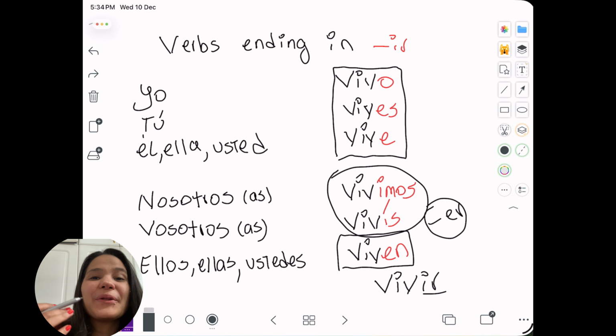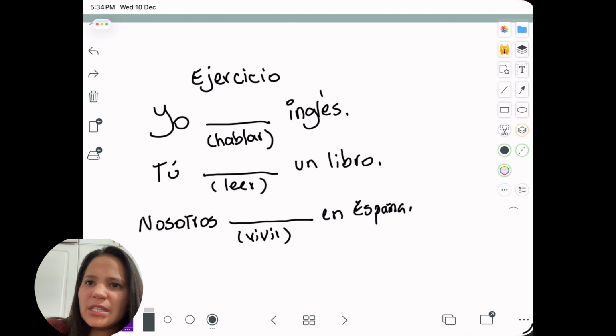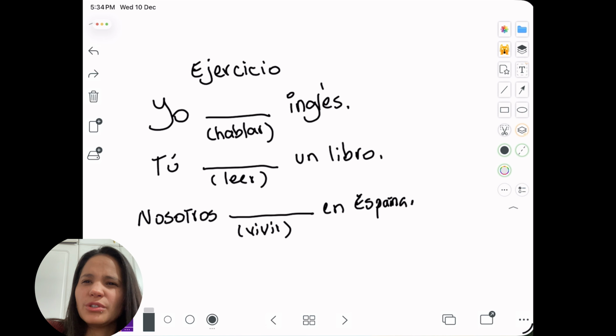Okay, so now that you have all of the three conjugations, we can test ourselves, right? So let's take three sentences with three different subjects. Yo, tú, and nosotros. I will give you a few seconds to answer for yourself, and then I will give you the answer.